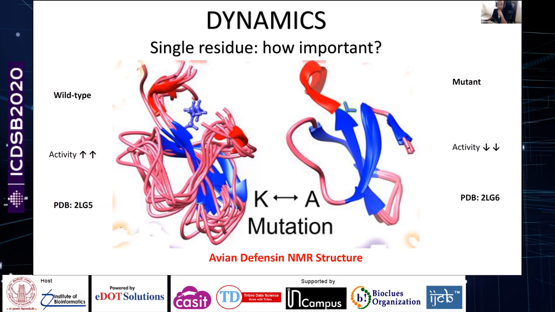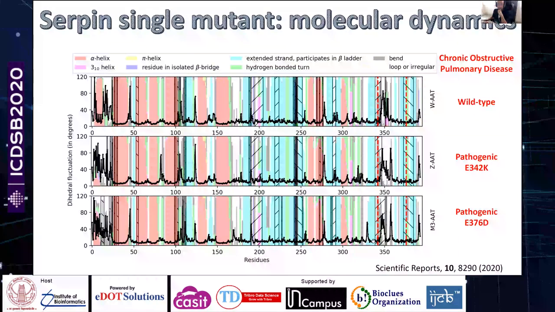There's another example from work that we published recently in Scientific Reports this year. This is from a serpin protein. We have single mutations, and these mutations are all seen in patients. The serpin is an antitrypsin protein, which is metastable, but the wild type protein is not so prone to aggregation.